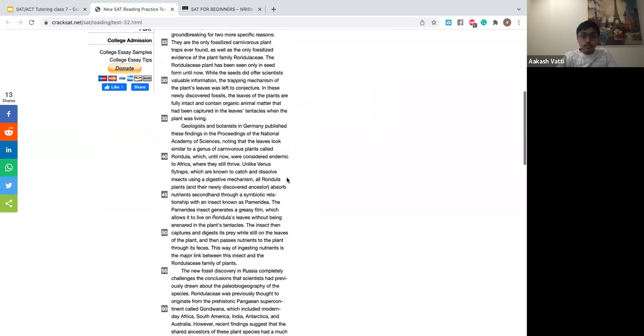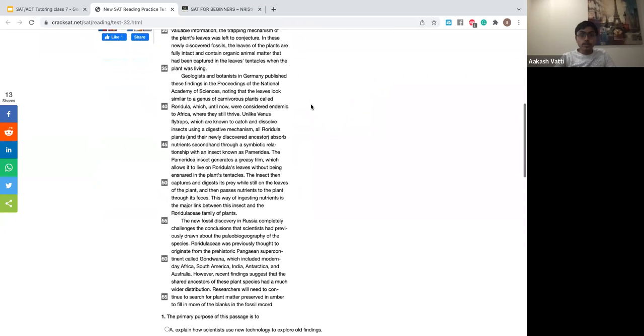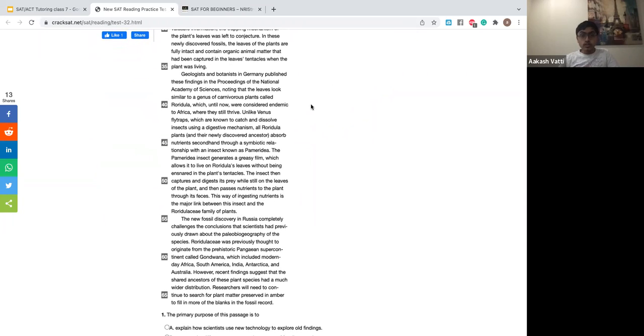Geologists and botanists in Germany published these findings in the Proceedings of the National Academy of Sciences, noting that the leaves look similar to a genus of carnivorous plants called Roridula, which until now were considered endemic to Africa, where they still thrive.